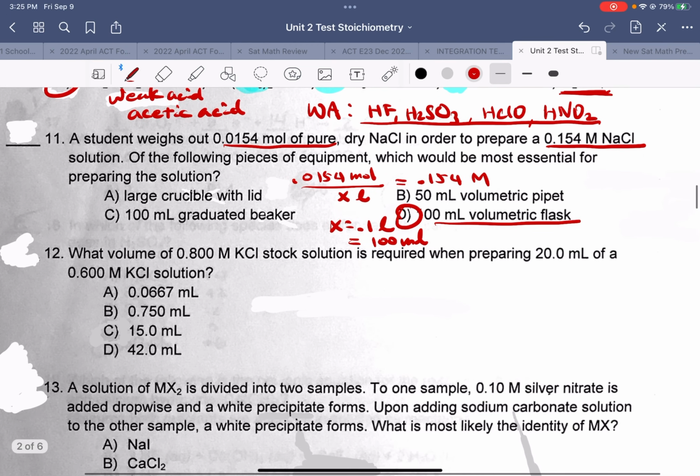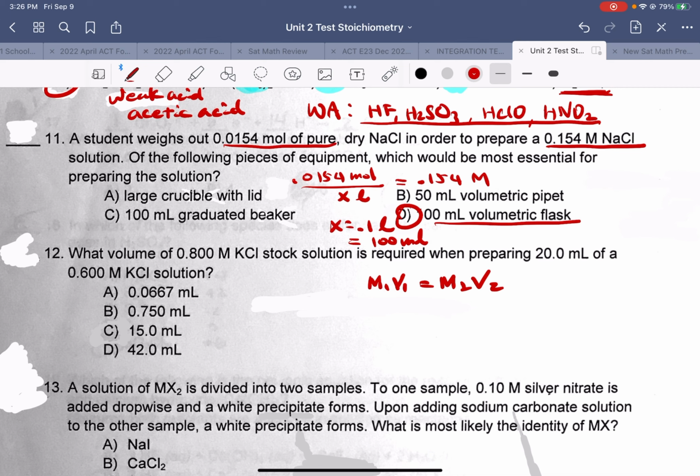Now number 12, next one. What volume of 0.8 molarity potassium chloride stock solution is required when preparing 20 milliliter of 0.6 molarity potassium chloride solution? You can use M1V1 equals M2V2.